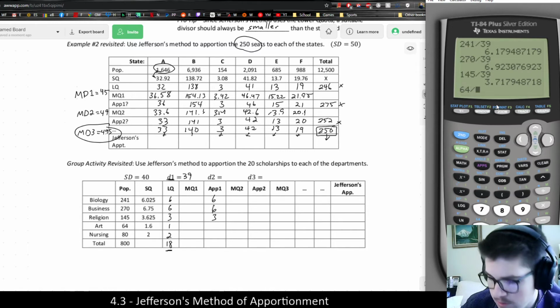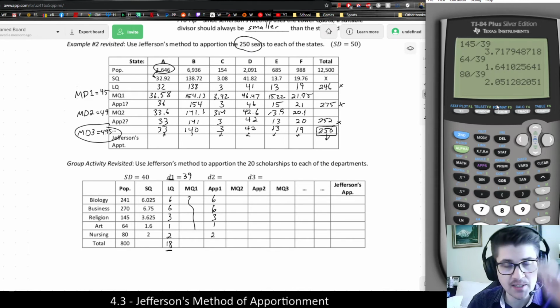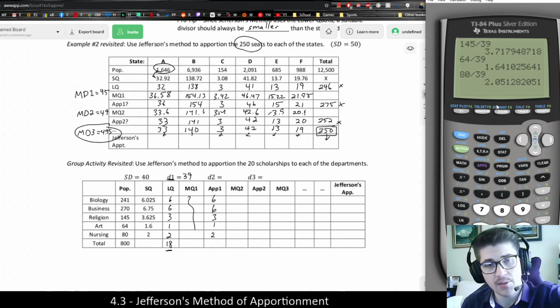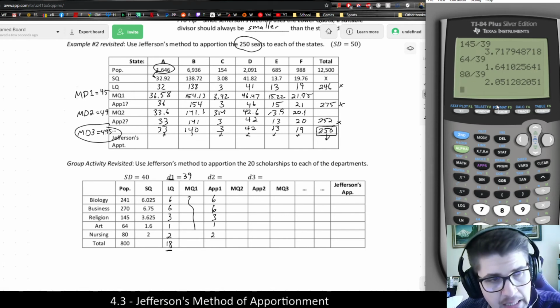Art would be 64 divided by 39, and 80 divided by 39, so that would be 1.6 rounded down. So instead of writing all those here, I'm just being a little bit lazy and only writing down the lower quota because Jefferson's rounds down unanimously.